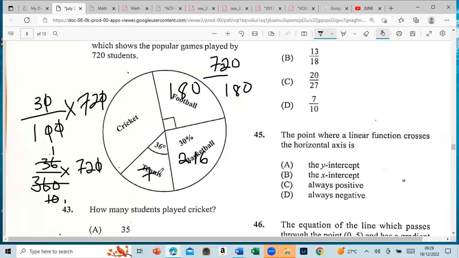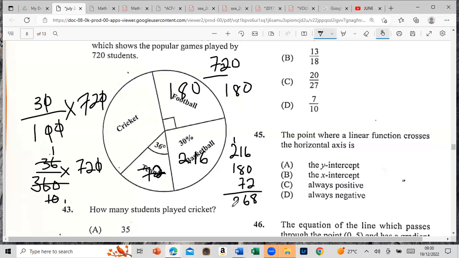So all we have to do now is add all of them here. So add 180 plus 216 plus 72, and then we subtract that from 720. So 180 and 72, 8 and 7 is 15, 1, 5, 6.